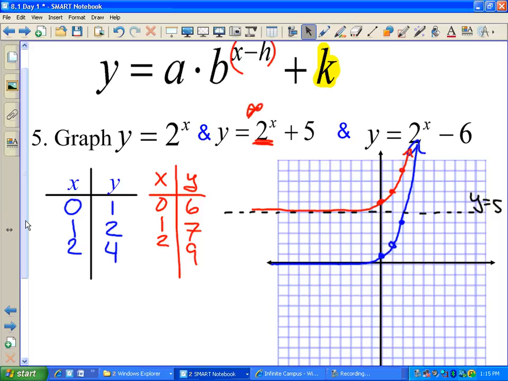Now with the green one, 0, 1, and 2 again don't change. 2 to the 0 is 1. 1 minus 6 is negative 5. 2 to the 1 is 2. 2 minus 6 is negative 4. 2 to the second is 4. 4 minus 6 is negative 2.